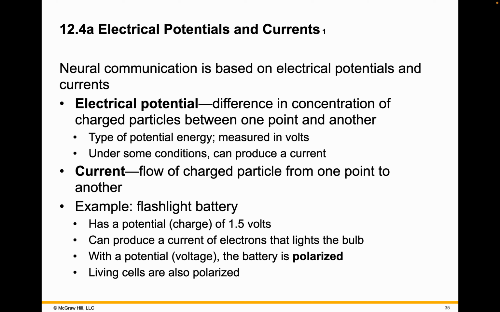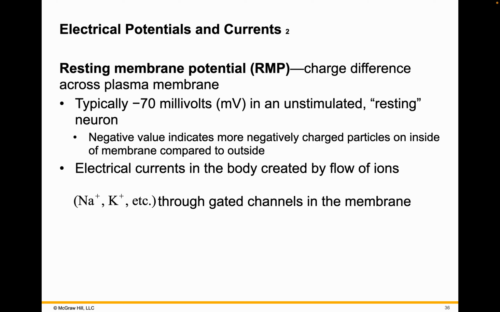So a flashlight battery has a potential of about 1.5 volts. It can produce a current of electrons that will light a bulb. With a potential voltage, the battery is polarized. Living cells are also polarized. The resting membrane potential is the charge difference across the plasma membrane.